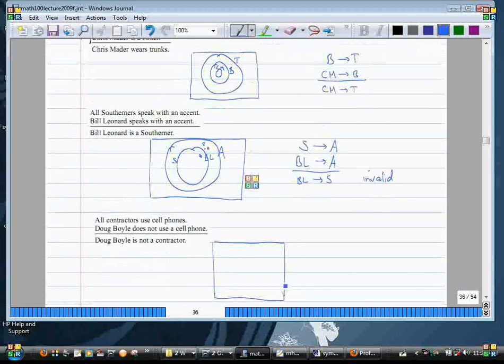Alright. All contractors use cell phones. Doug Boyle does not use a cell phone. Conclusion, Doug Boyle is not a contractor. Okay. So why do you say it's valid?